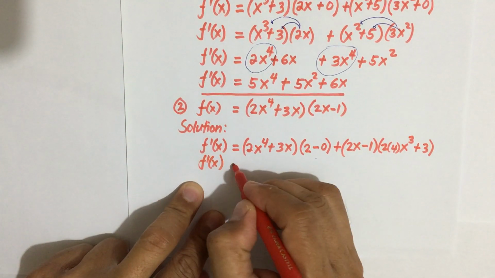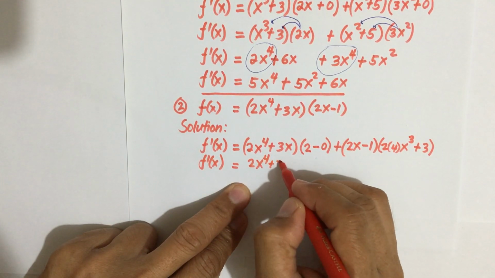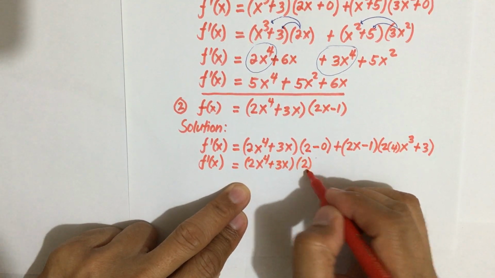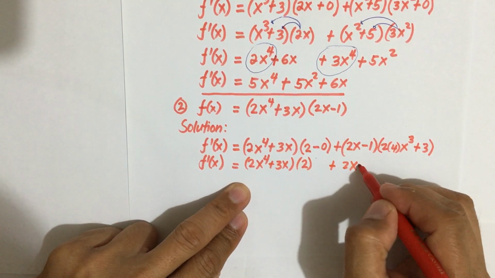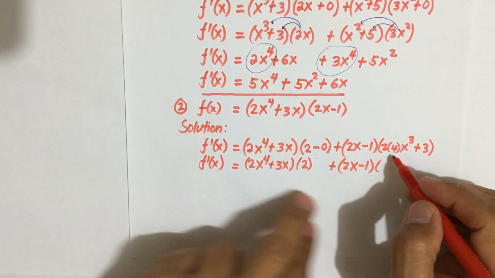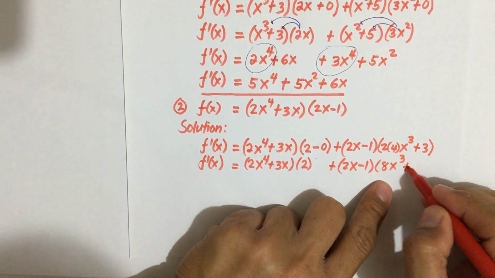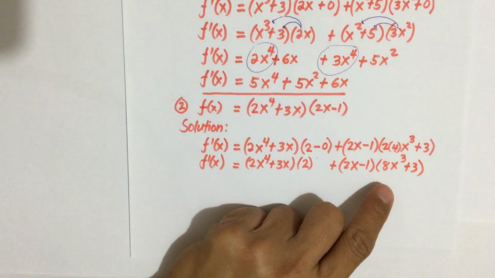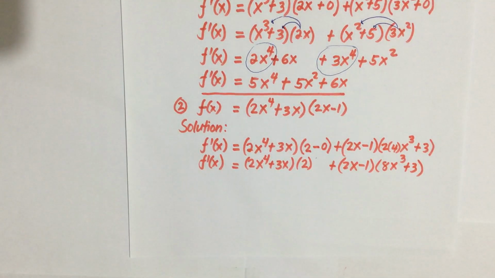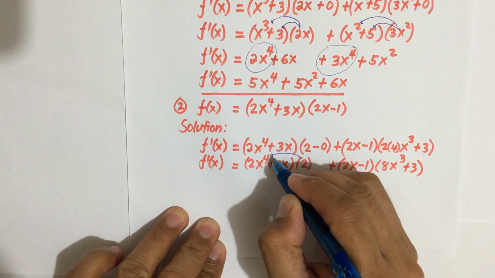So f prime of x is equal to 2x to the 4th power plus 3x, multiplied by 2 minus 0, so that is 2, and plus we have 2x minus 1, multiplied by 8x cubed, then plus 3. Alright, so we can do the same as what we did a while ago in our first example: you just distribute and multiply these two.